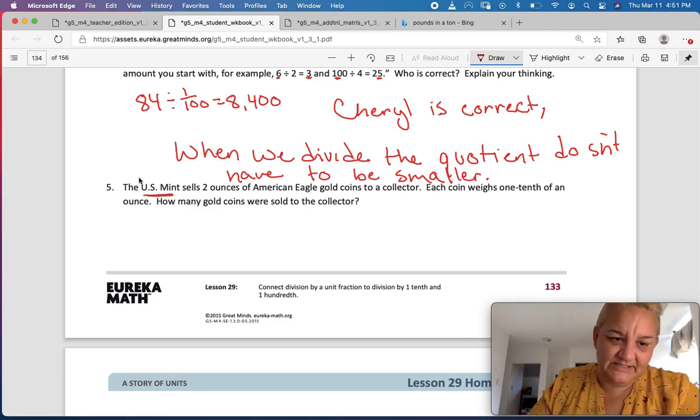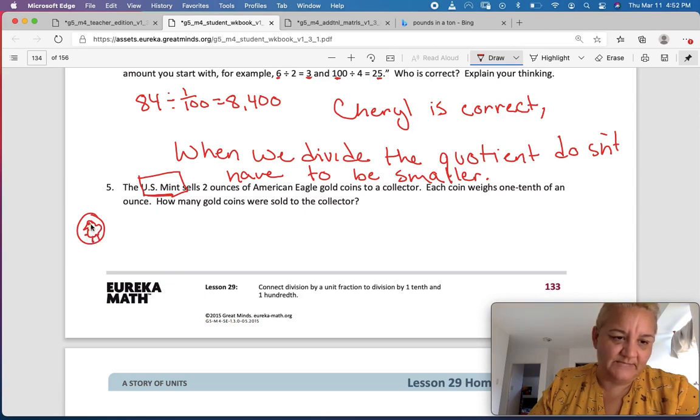They're talking about in the United States. The United States Mint is where they make money, or especially where they make coins, which we also don't have in Venezuela. But 2 ounces of American Eagle coins, so they're coins with an eagle on them, okay? And they're usually worth $1 or gold, right?